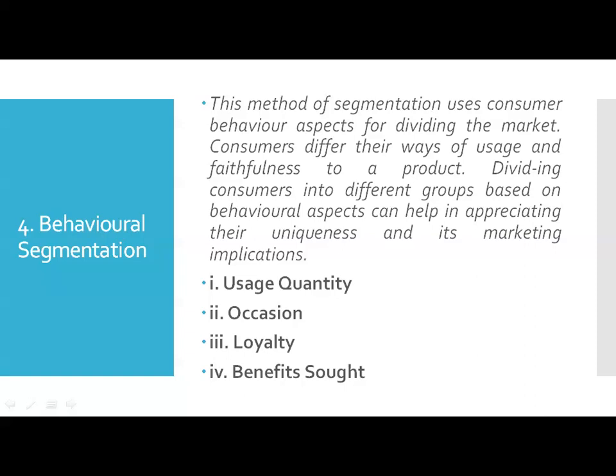Investors buy homes because they just want to multiply their investment, whereas home buyers buy the home to live in that particular home. Similarly, some people buy gold and diamond jewelry just to invest, and some people buy gold and diamond jewelry for usage. So, benefit sought, loyalty, occasions, and usage quantity are behavioral segments.